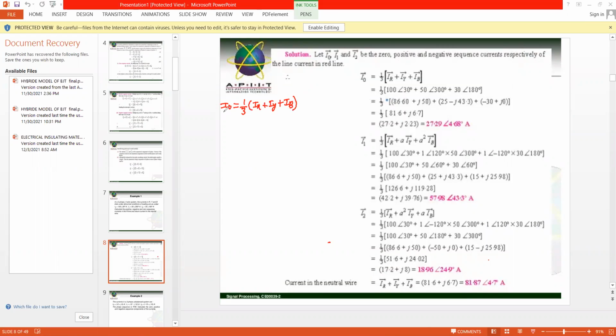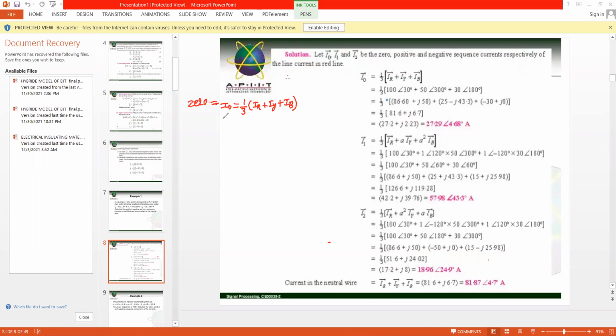Already we have derived this kind of expression. Okay, so these are the zero sequence current. I0 is equal to 1 upon 3 in bracket IR plus IY plus IB.